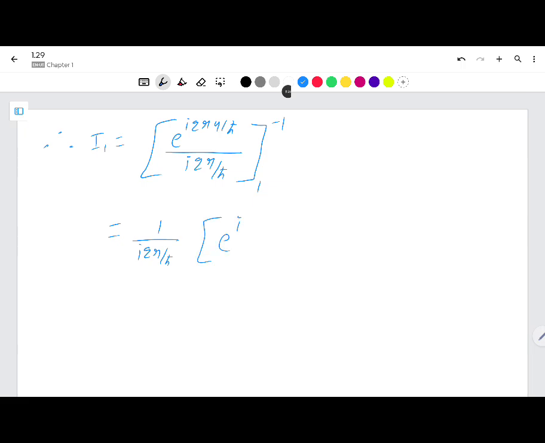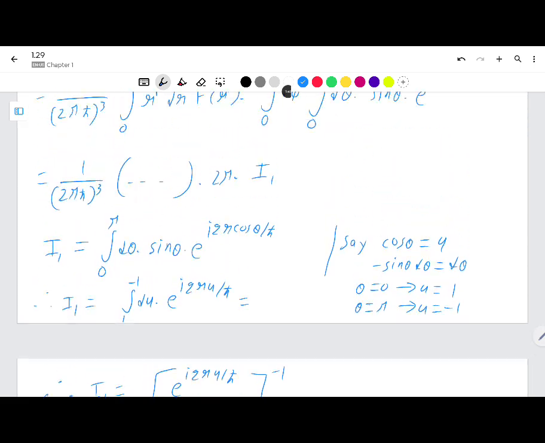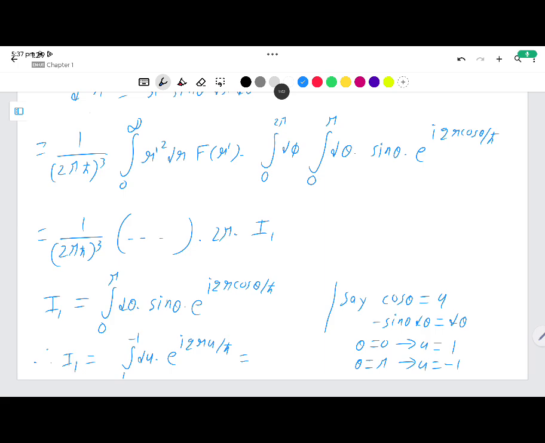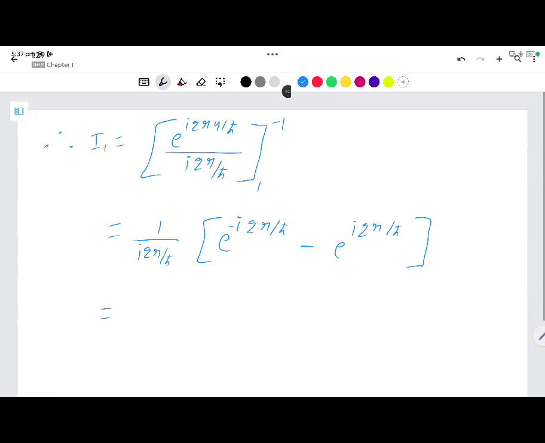This gives e to the i q r over h bar minus e to the minus i q r over h bar, minus i sum. Okay, so there is a negative sign here. Okay, say i q r over h bar.